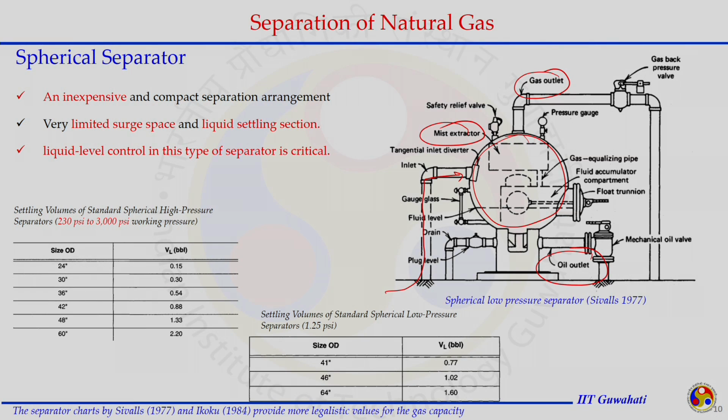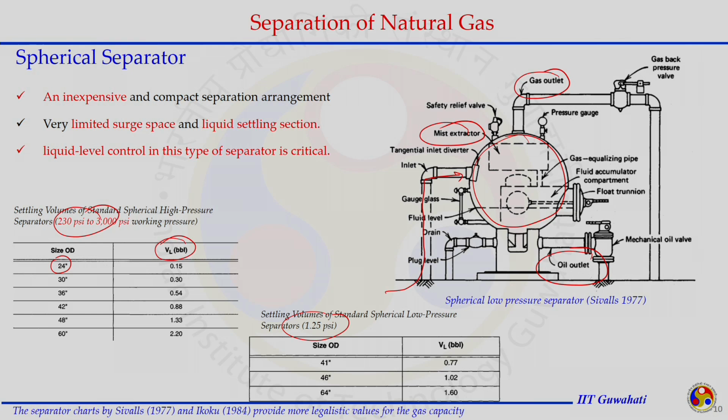Again the same thing, for high pressure as well as low pressure, the spherical separators are available. Those can be chosen based on the diameter, if we know the amount of liquid we are going to deal with in this separator.